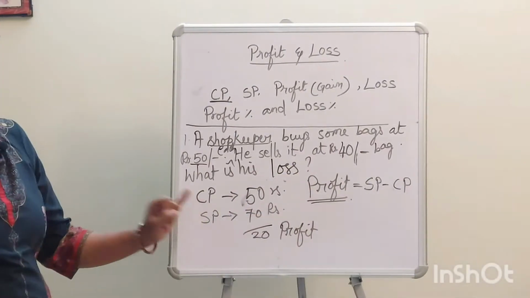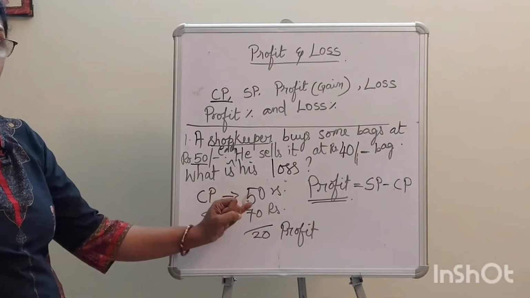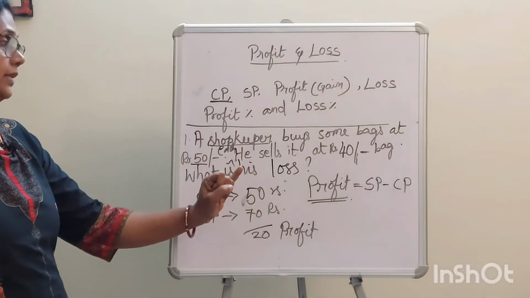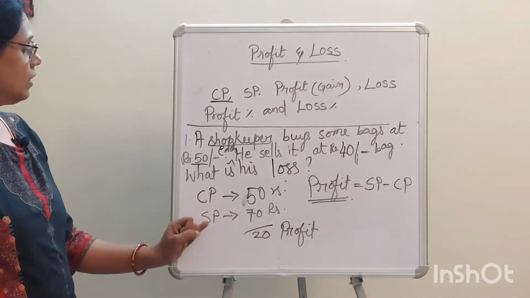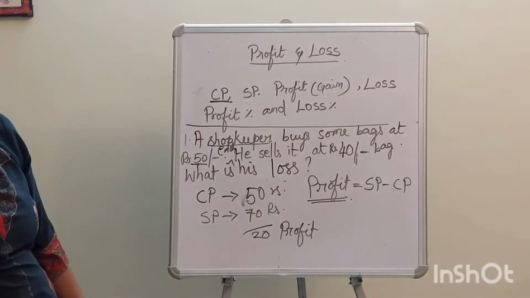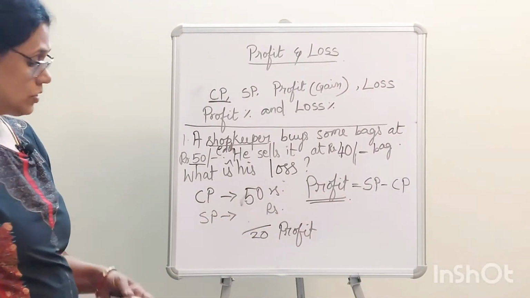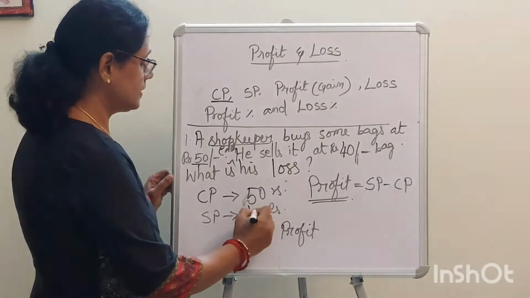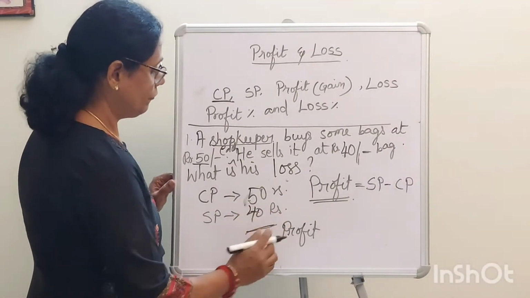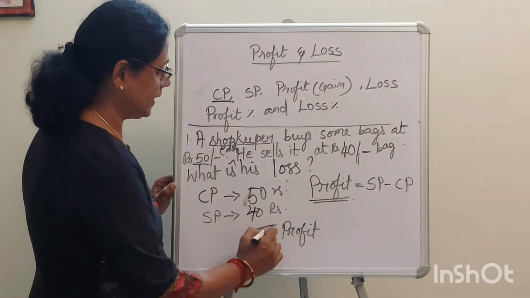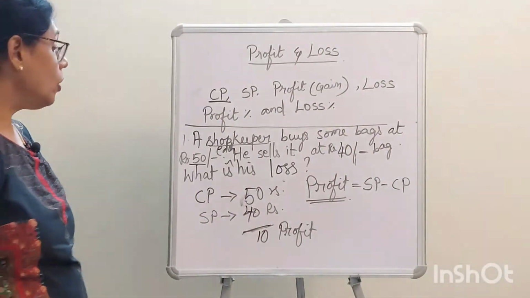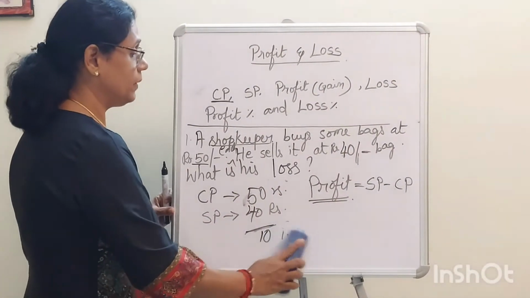Here the cost price doesn't change. It is 50 rupees. He bought it from the wholesale dealer or the manufacturer. Selling price is not 70. In this case it is 40. So if you minus 40 from 50, you will get 10 rupees, which is a loss for the shopkeeper.